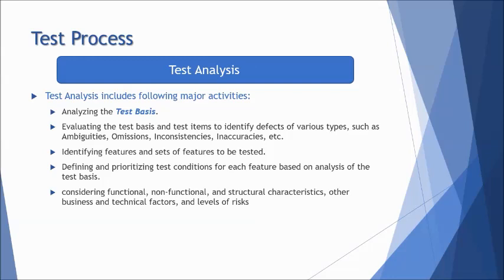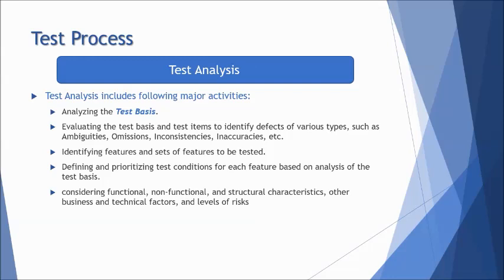As a part of analyzing the test basis, we identify certain defects in the documentation as well. Because this is another way of saying that it is a walkthrough, a type of review by which you can find inconsistencies, ambiguities and omissions in the documentation, to look for anything that is missing and important.